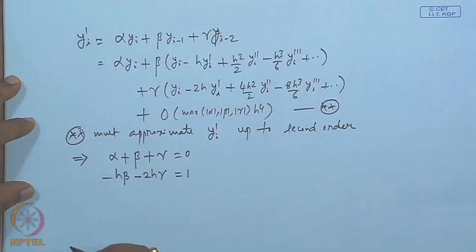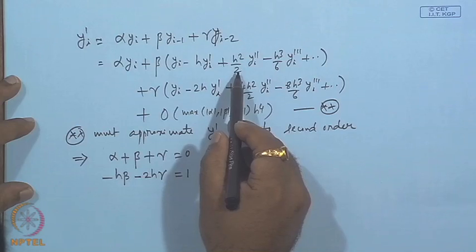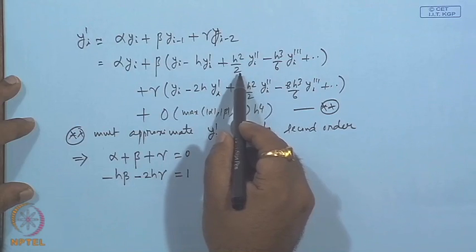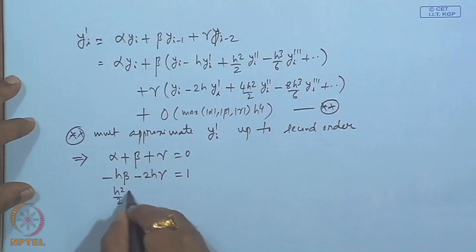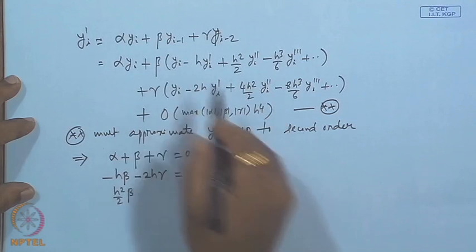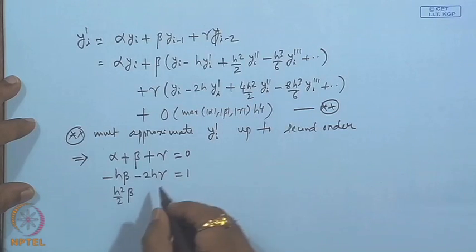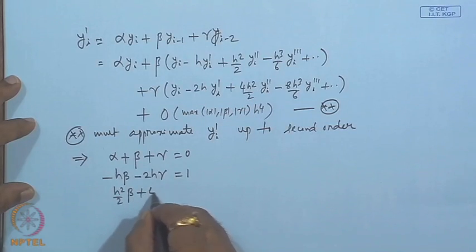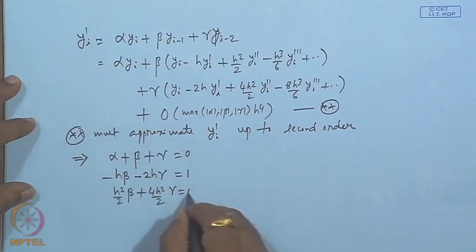Okay. Then squared here beta h square by 2 and here h square by 2 gamma and there is nothing.